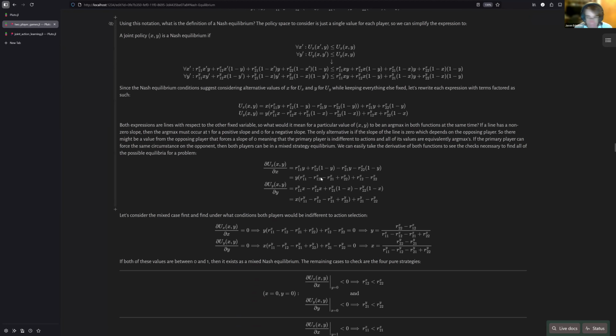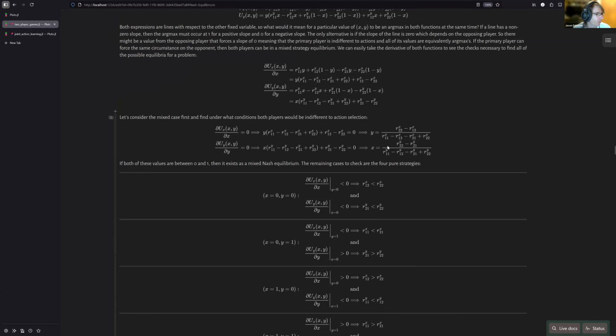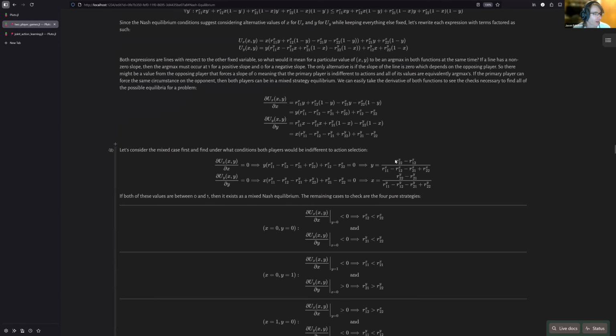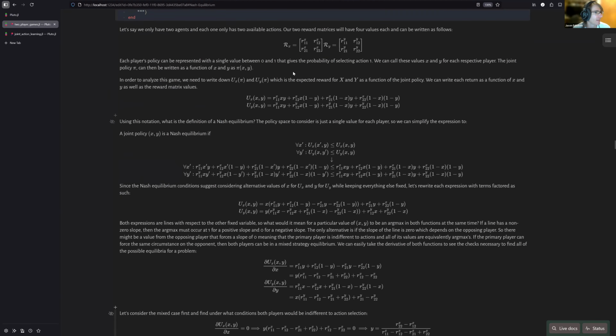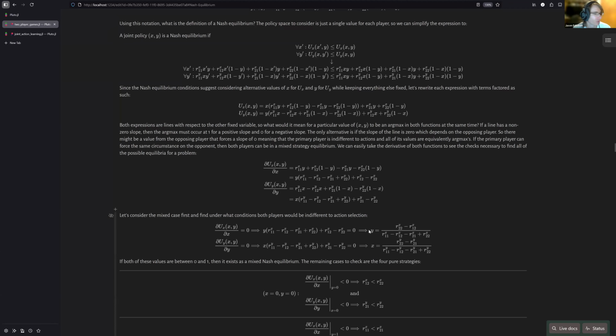Now, if we have a Nash equilibrium, it will have the property that the partial derivative will be 0 for both players at that policy. And it results in this equation where now we have X and Y. Now, this means that for any game like this, we can just directly solve for the Nash equilibrium.